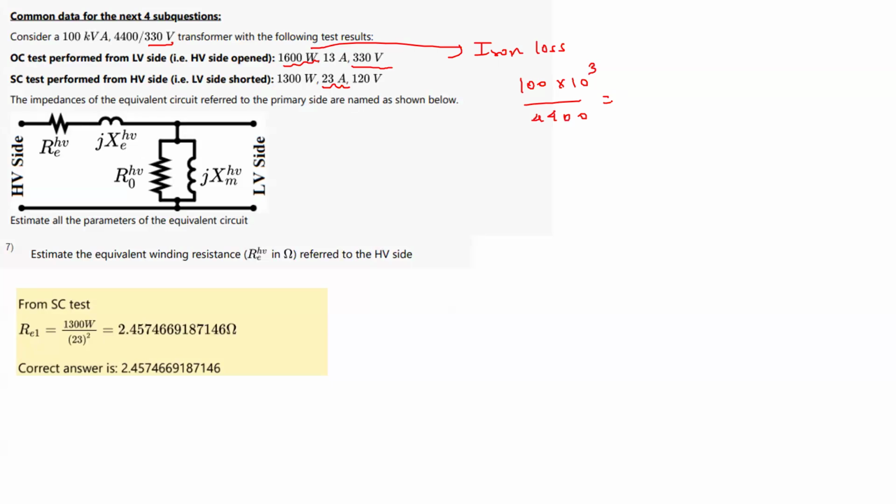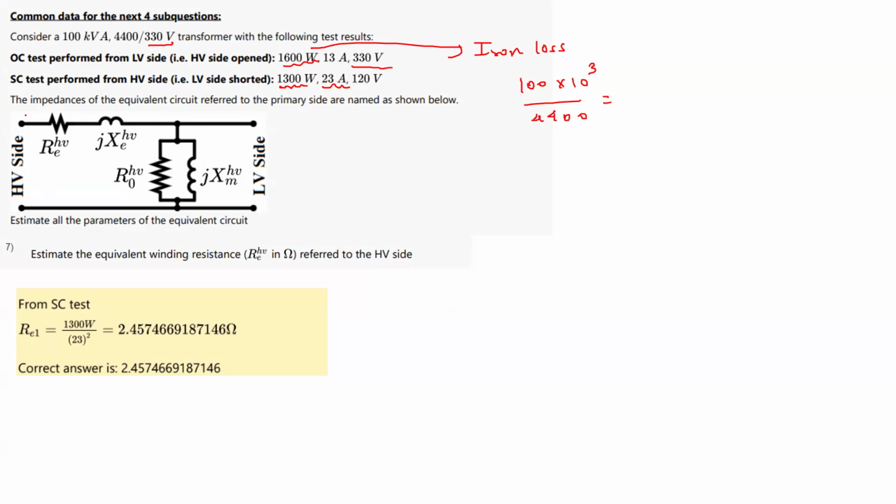Not exactly the value, maybe they have taken something near. But it is okay. Generally in these questions you will see that it is at 22.7, which is nearby, but it is still not the rated copper loss. It is at some 97 percent of the rated copper loss.